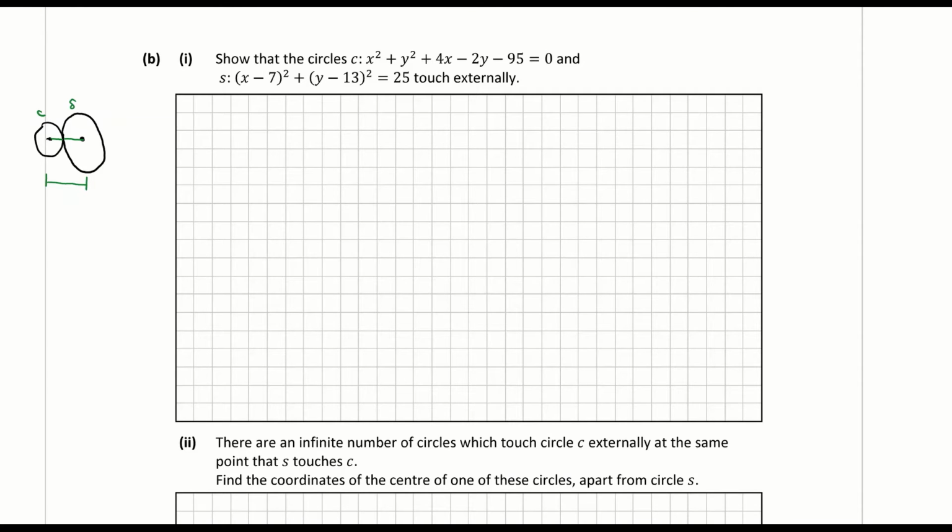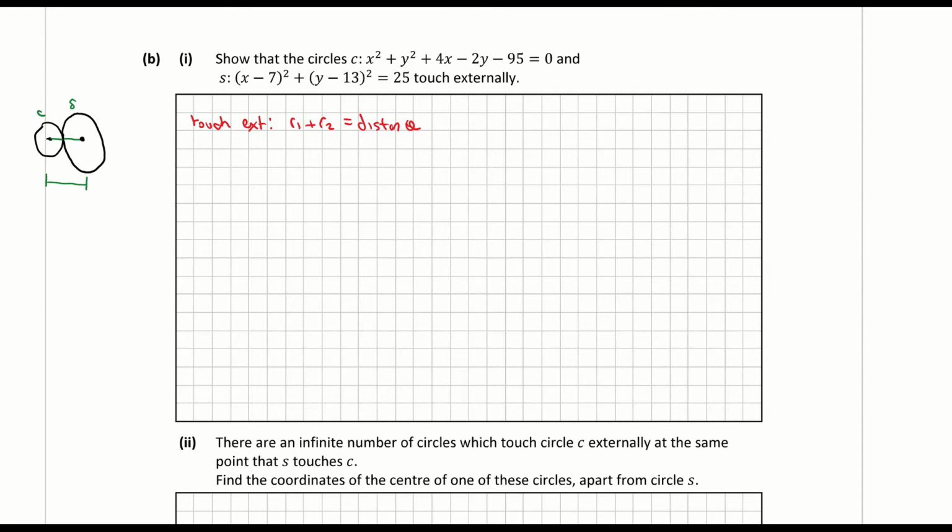So to prove touching externally, we add our 2 radii, R1 plus R2, and that must give me the distance between the two centers. And if it does, well then they're touching externally. We subtract them if it's touching internally.